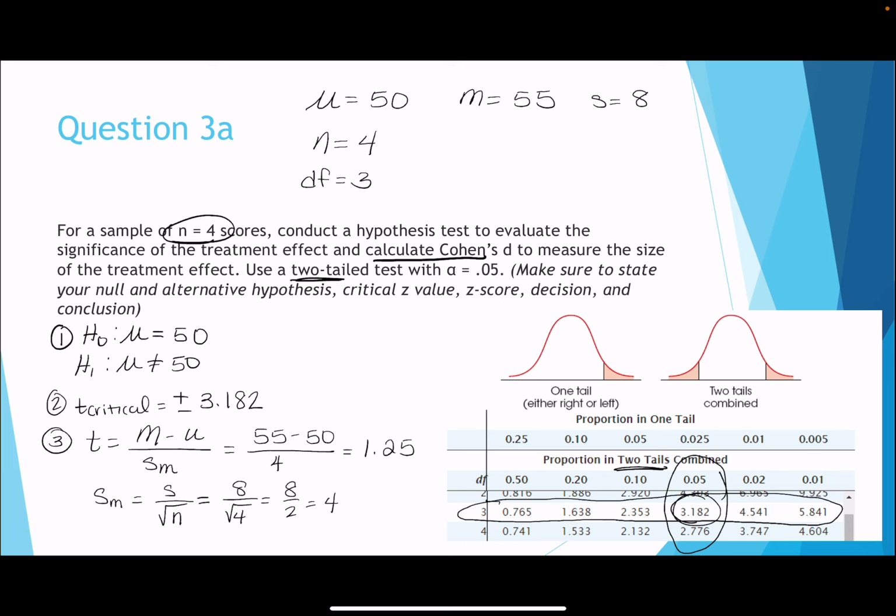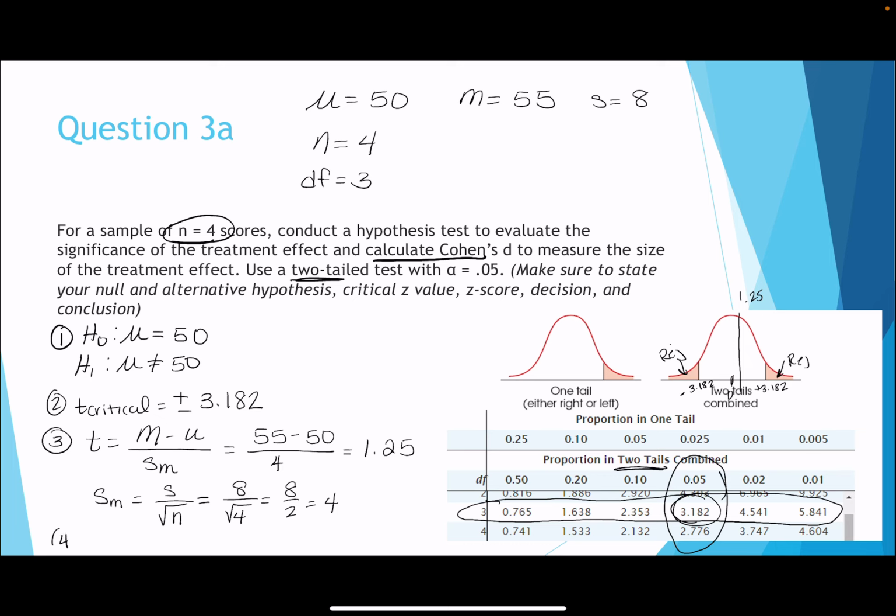And again, you're still thinking the same way we were doing with our z-score. If this is my critical value, negative 3.182 and positive 3.182, I'm going to reject if it's here or here. But if it falls between them, I'm not. Well, 1.25 is maybe about right here. Think of this as your 0. That's definitely in my do not reject region.